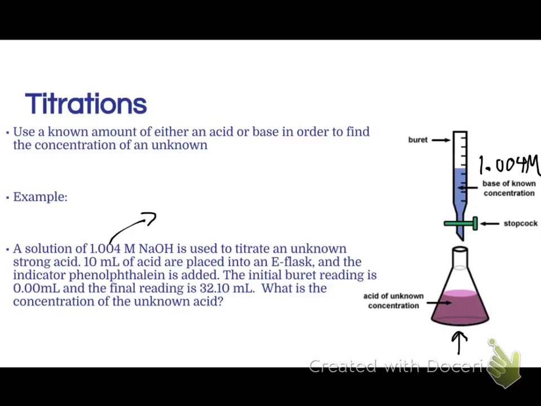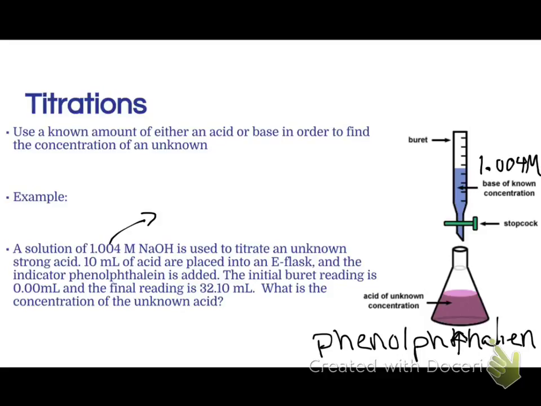So we're going to put in a carefully measured amount of acid, and we're going to put some water in, and we're also going to add an indicator called phenolphthalein. Now you've seen this before, all right? Most of you don't try to say it, but I think it's fun.